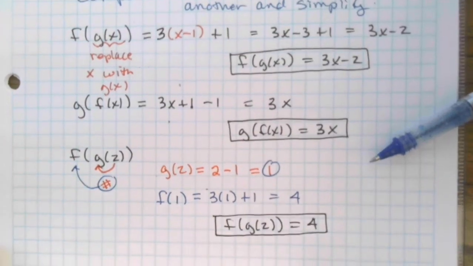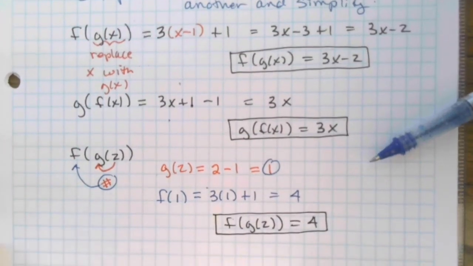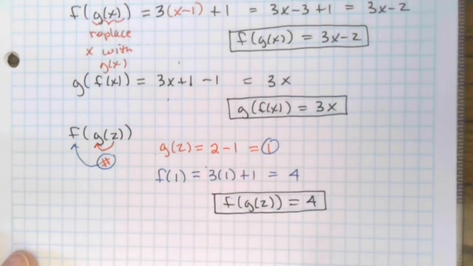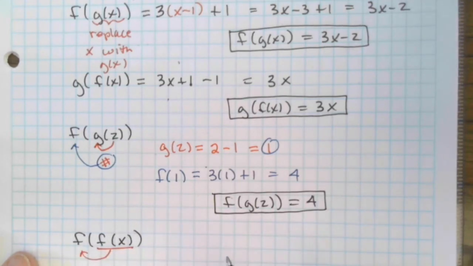You can also put, this is the last one, and we're going to go on, you can put a function into itself, which is always kind of fun. f of x. So we're going to take every x in f and replace it with itself. So let's do that. So we have a 3x.